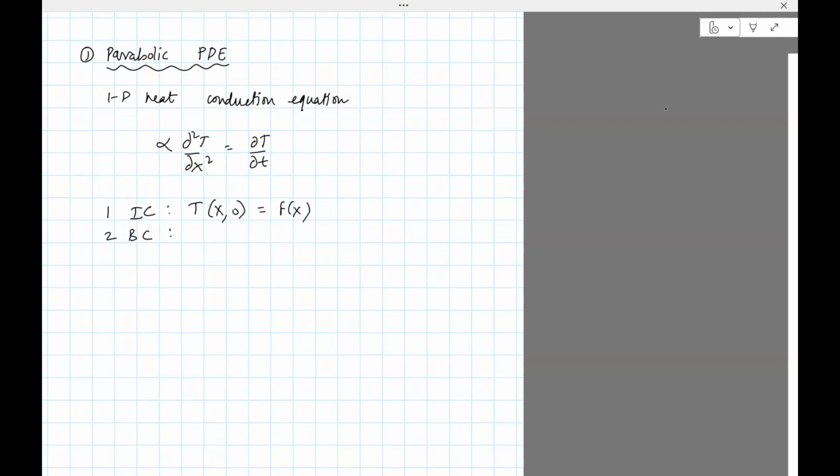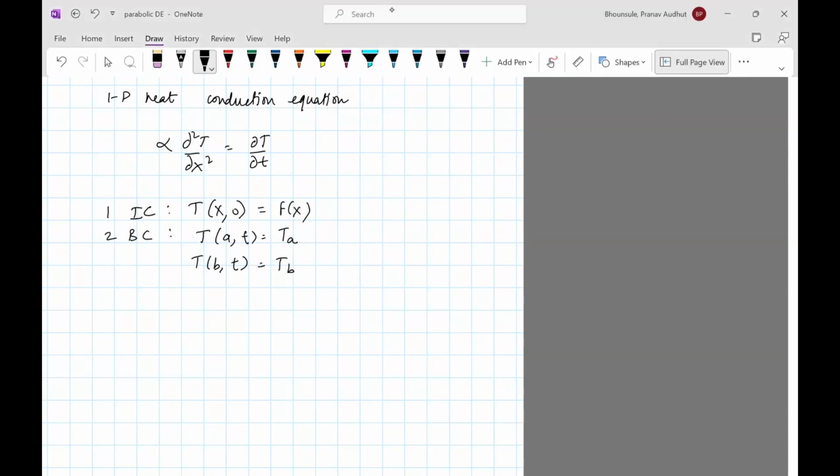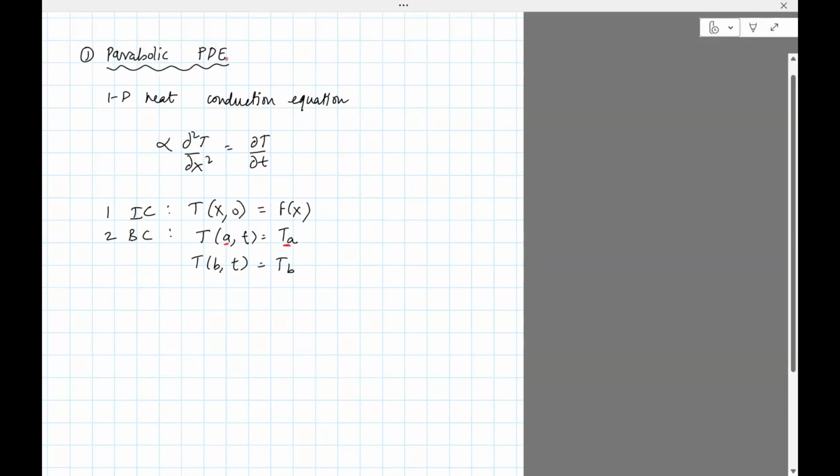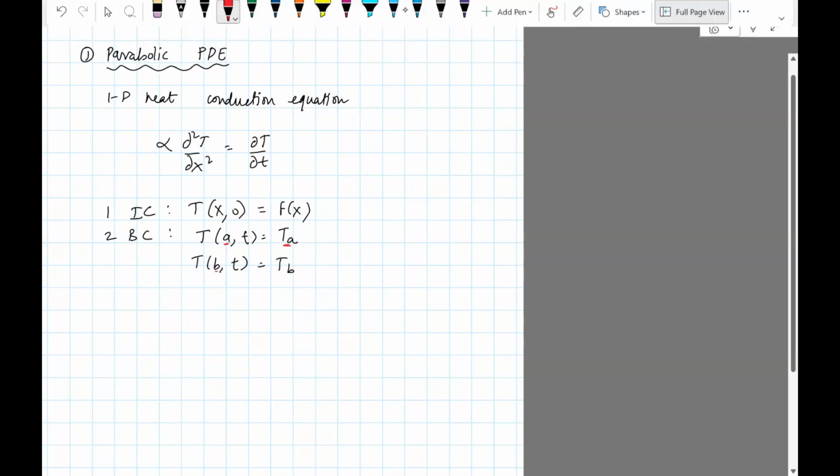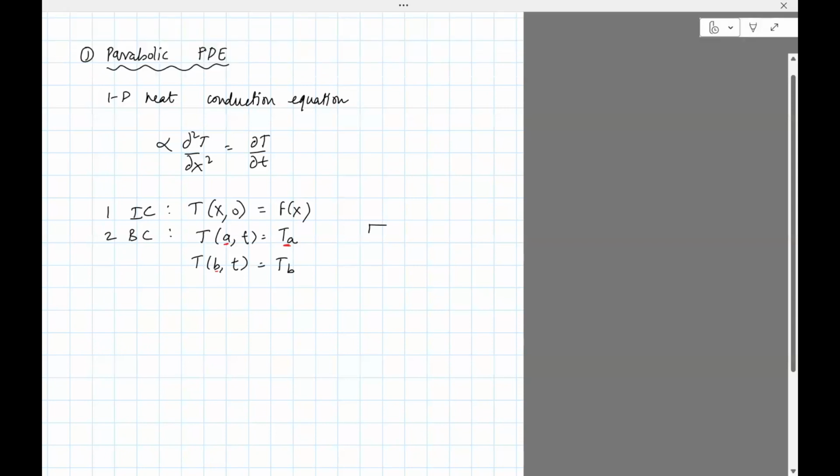You could have T at x equals A being T_A, and T at x equals B being T_B. This is basically saying that at x equals A, the temperature is always T_A, and at x equals B it is T_B. This is probably best illustrated if I just draw a rod here.